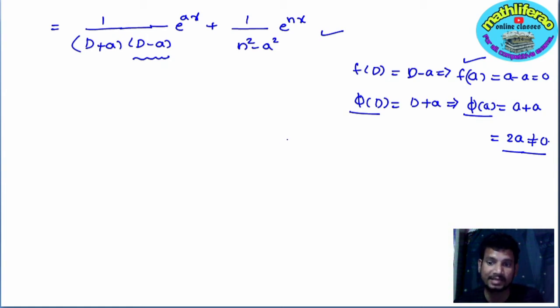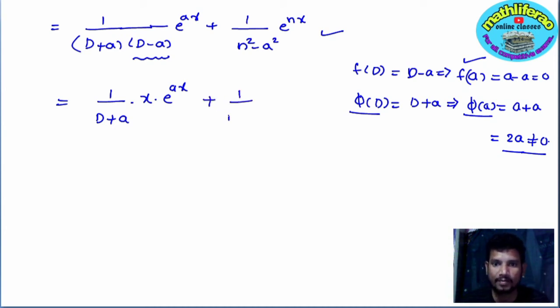Now we have to apply the second case. The second case is 1 by phi of a, x into e to the power ax, plus 1 by n square minus a square e to the power nx. Next, here if we replace the value of a, phi of a means a plus a, 2a, not equal to 0.